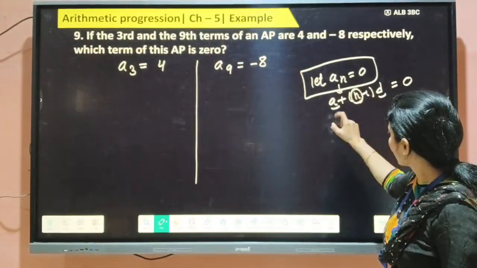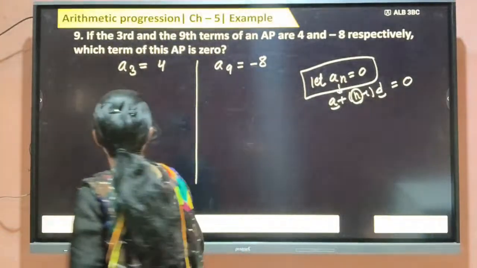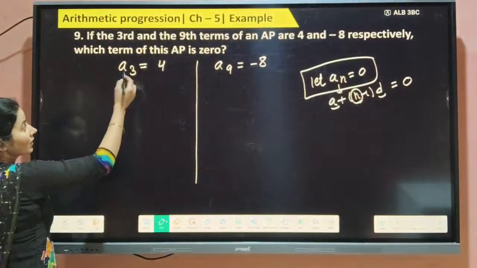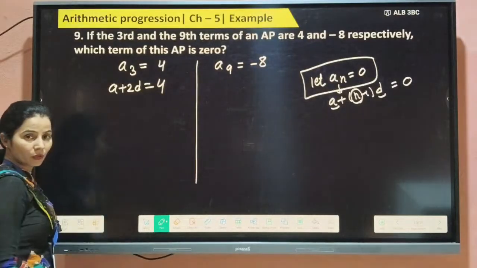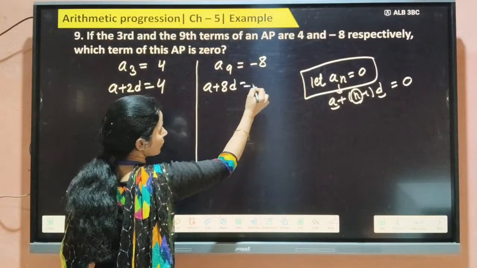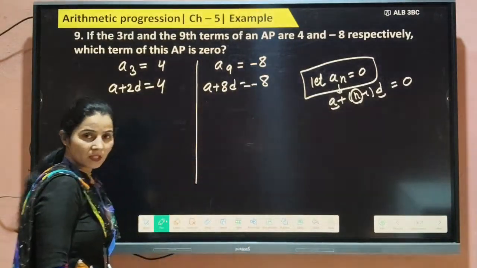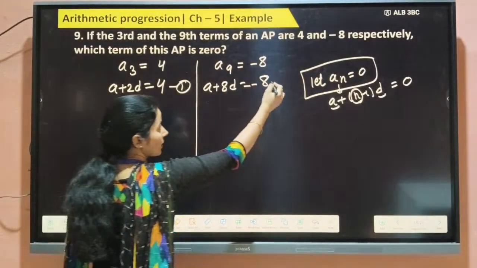For finding this n value, I need a and I need d, and from there I will get a and d. Third term meaning is a plus 2d equals to 4, and ninth term meaning is a plus 8d equals to minus 8. Say equation number 1 and equation number 2.